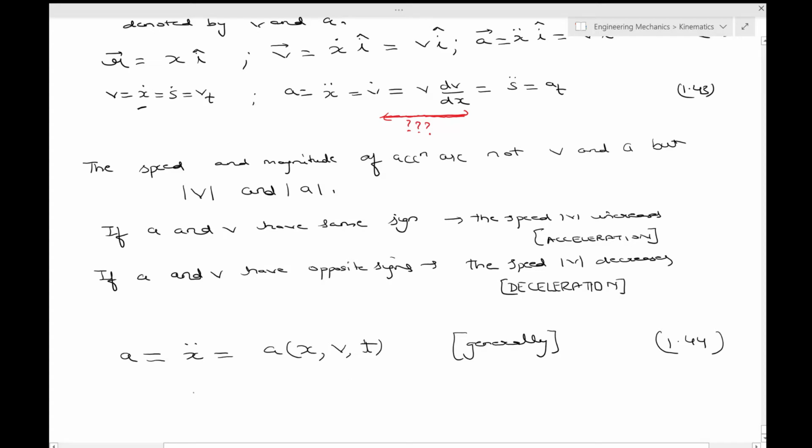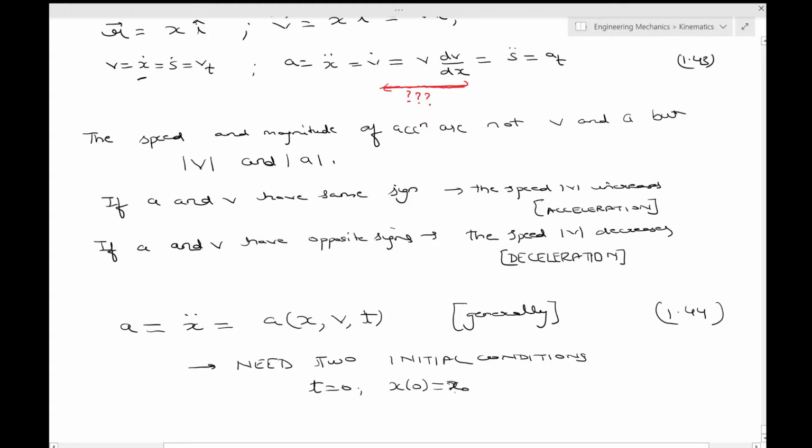For these two integrations to happen, you will need two initial conditions. Once these conditions are known to you, you can go ahead with the integration, and that can be, say for example, t equal to 0, x of 0 is equal to x naught.